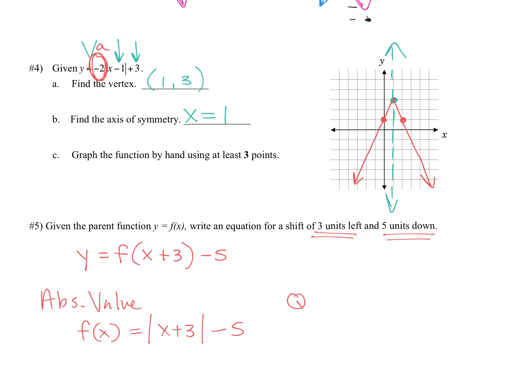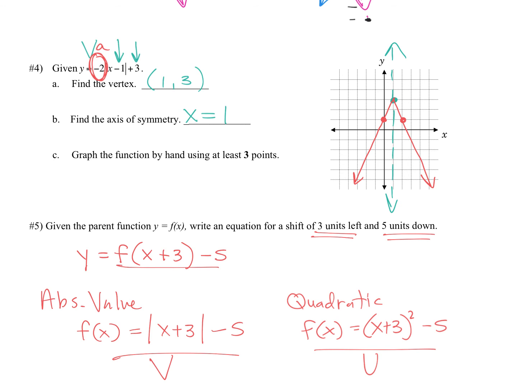If it was a quadratic, a parabola, in other words, you would have f of x equals x plus 3 squared minus 5, okay? So just pay attention to what kind you're working with. That way you know what you're doing when you graph it. This would be a V, this would be a U, this would be a line of sorts. Questions?